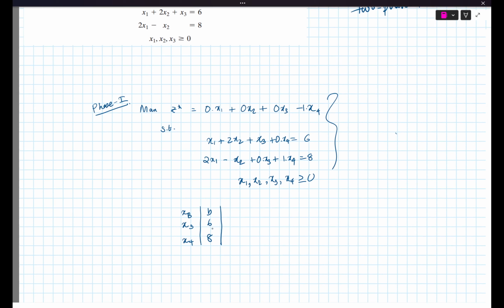So I'm doing the simplex. I have my basic variables as x3, x4, and I start with this basic variable. So I'm writing the simplex tableau.